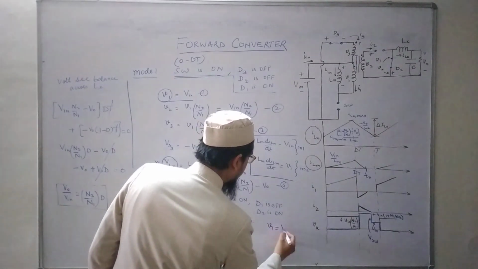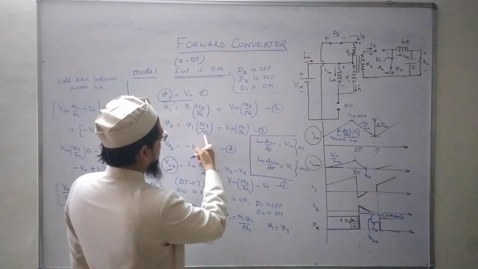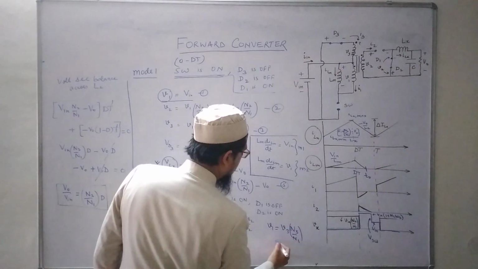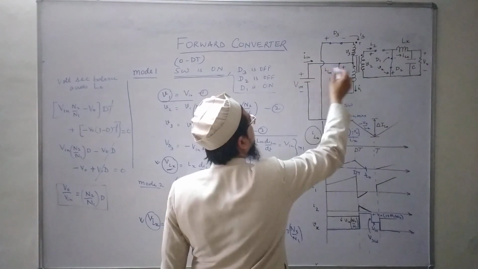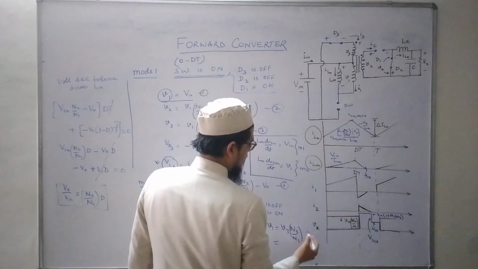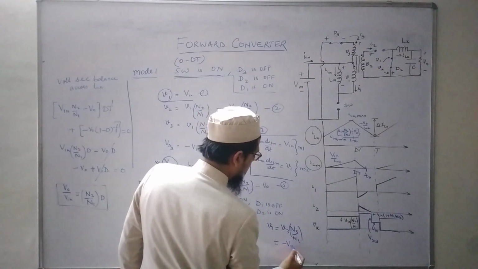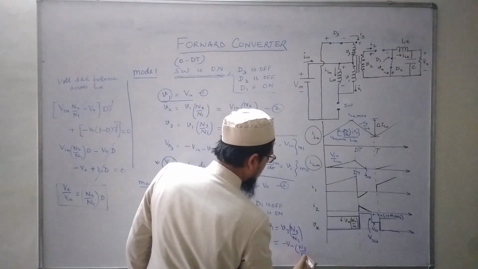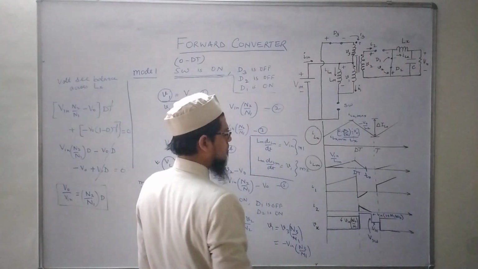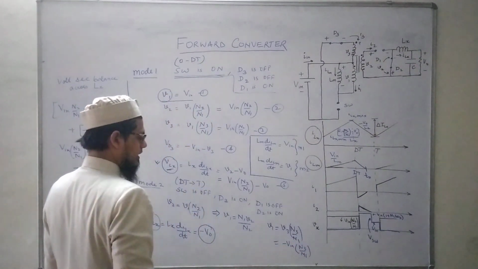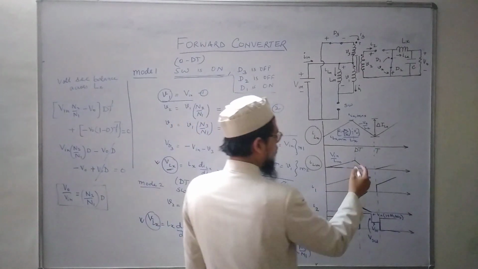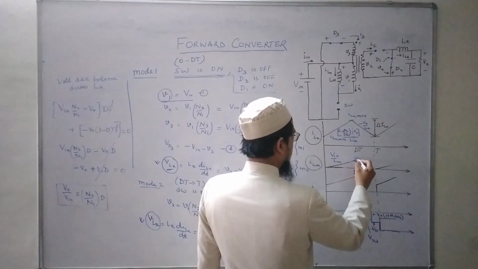V1 is equal to V3 times N1 by N3, and V3, if I apply KVL in this loop, when in the second mode, when the switch is off, is minus V in N3 by N1. You could see here that it is a negative quantity, and if I put this value here, that will give me the slope of this line.